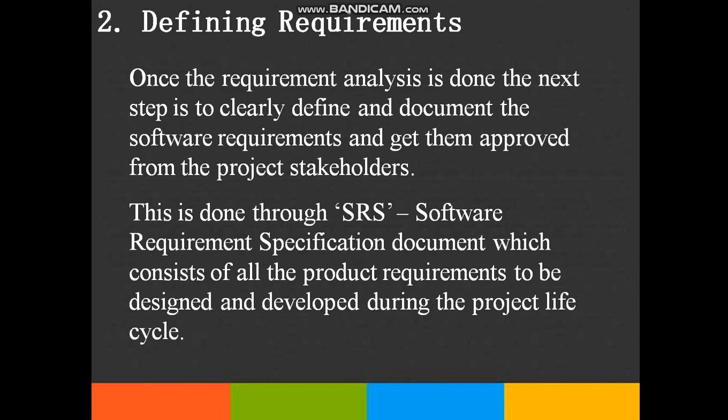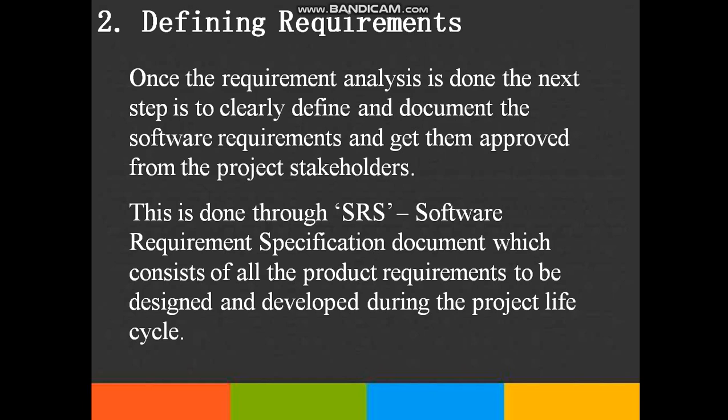After requirement planning and requirement analysis, the second phase is defining requirements. Once the requirement analysis is done, the next step is to clearly define and document the software requirements and get them approved by the project stakeholders. This is done through the SRS.